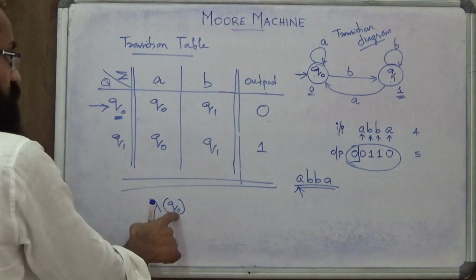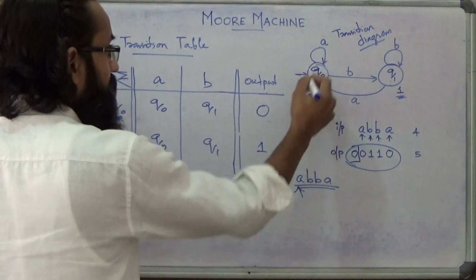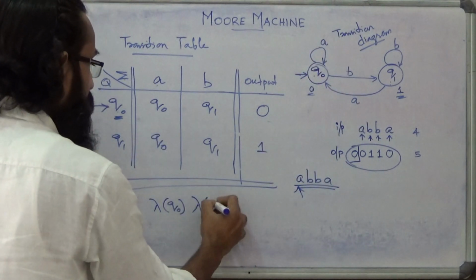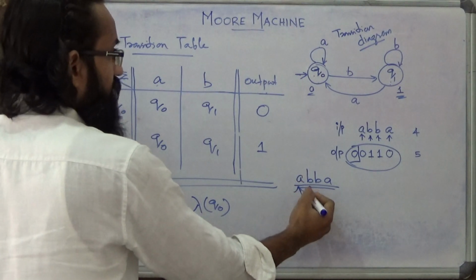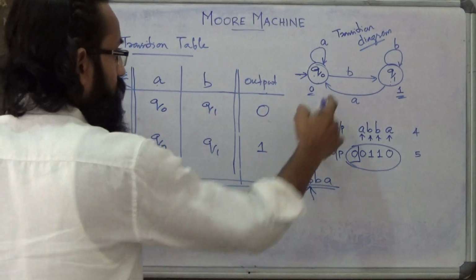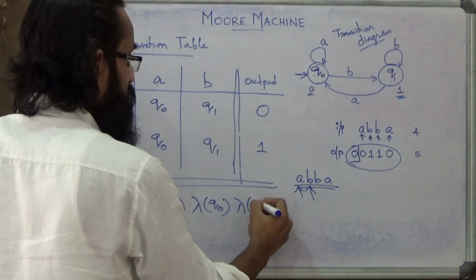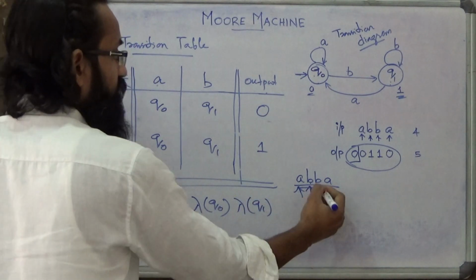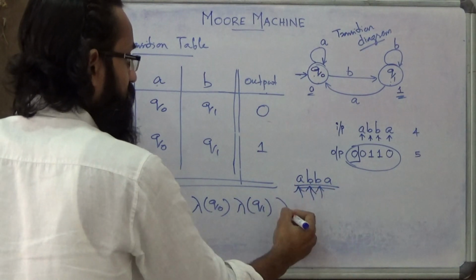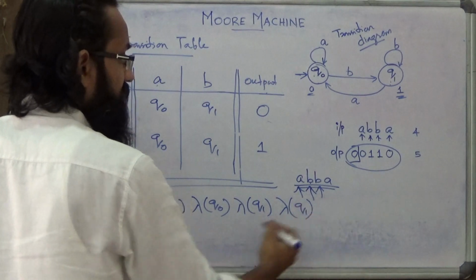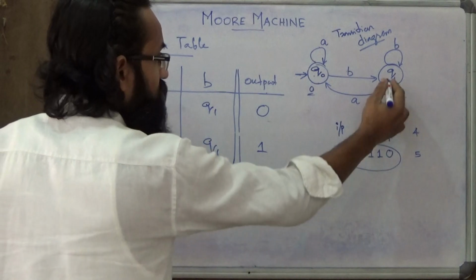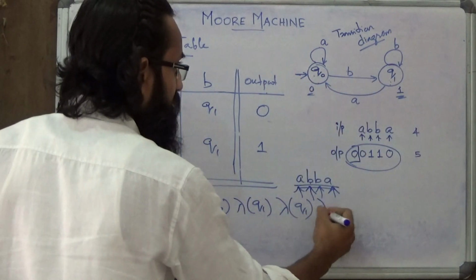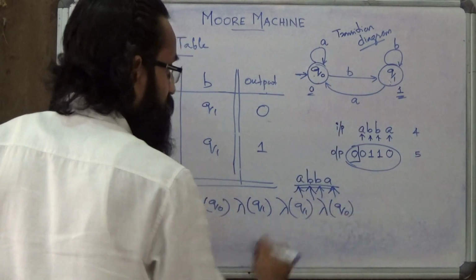Now from Q0, for input A, it will remain in the same state generating the output associated with Q0. Now from Q0 by consuming B, it will go to Q1 generating the output associated with Q1. Now from Q1 by consuming B, it will remain in the same state Q1 generating the output associated with Q1. Now from Q1 by consuming A, it will move back to state Q0 generating the output associated with Q0.